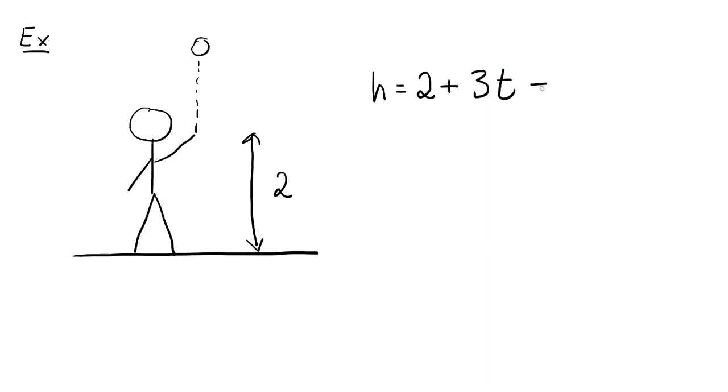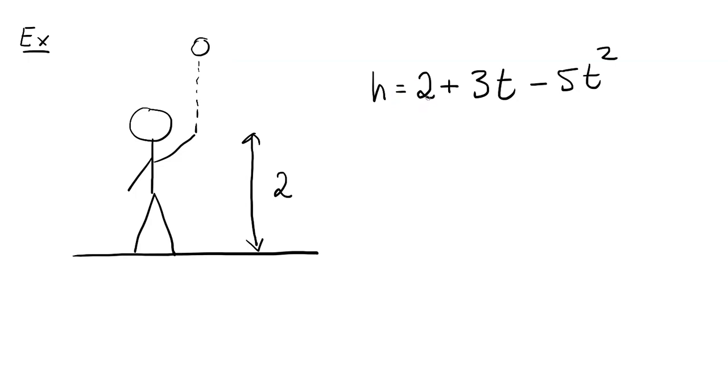Then it accelerates down to the ground because of gravity, and that is roughly 5t squared. So here is the formula for how high above the ground the rock or whatever is after a certain time.